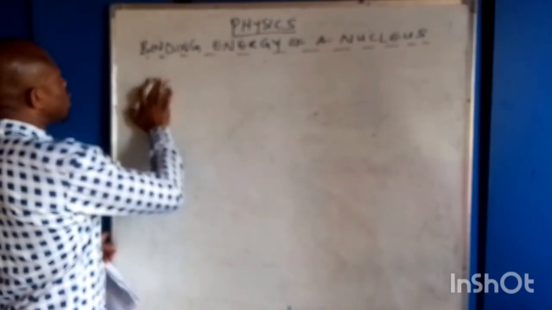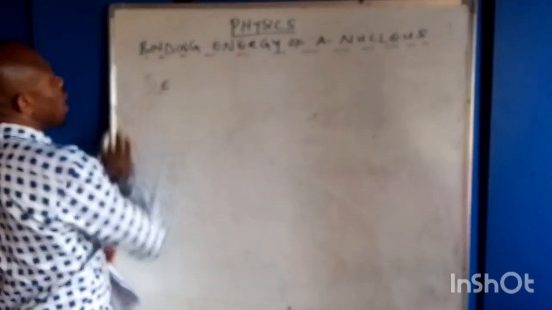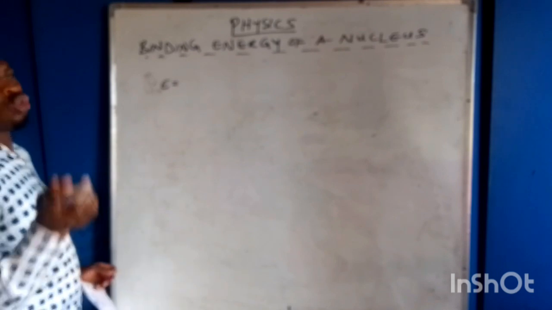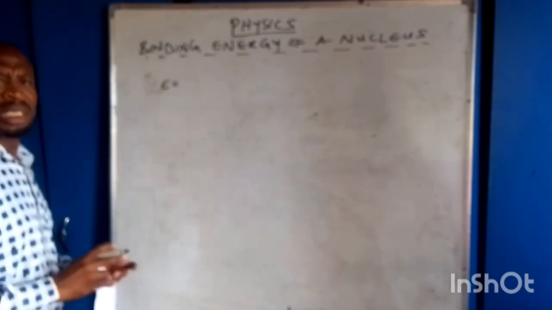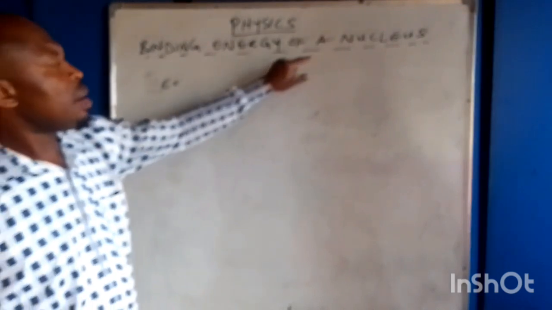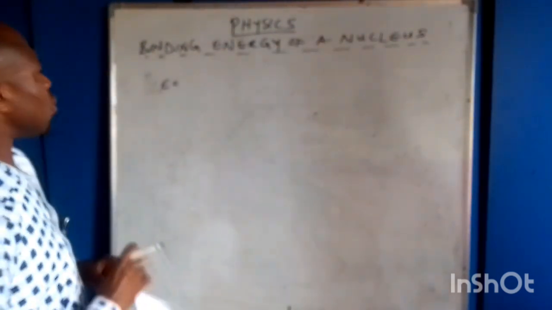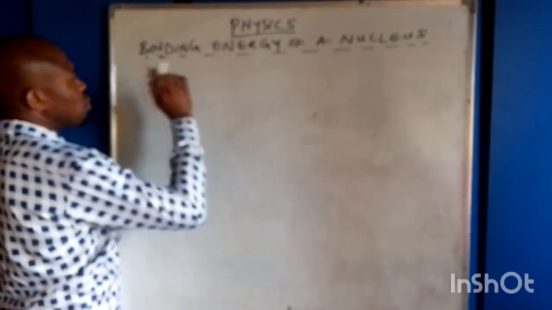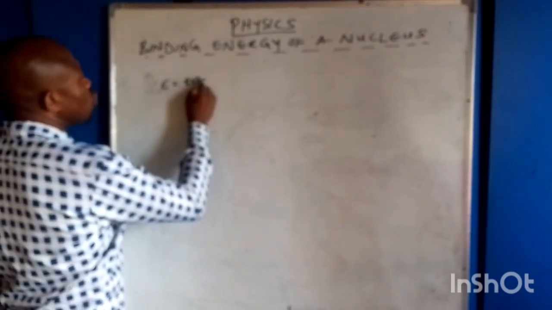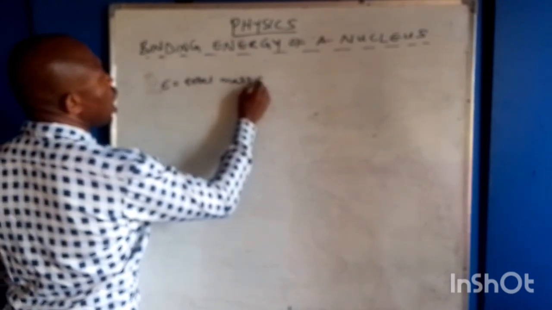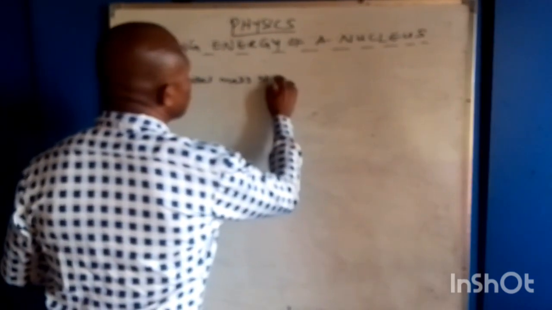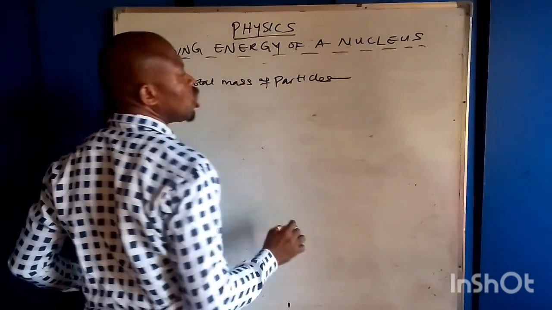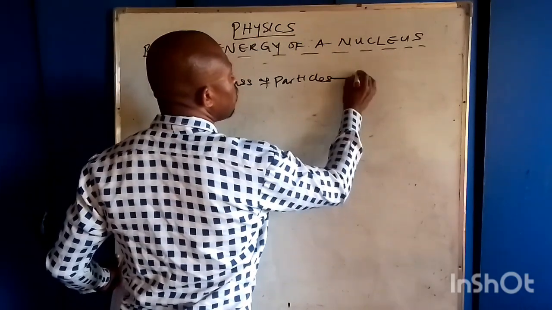So if we use ordinary E, we still have that binding energy is proportional to the difference in the masses of the particles of the nucleus. We have the total mass of the particles minus the mass of the nucleus itself.